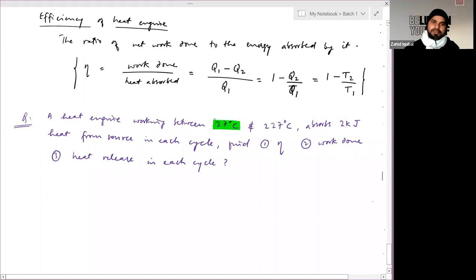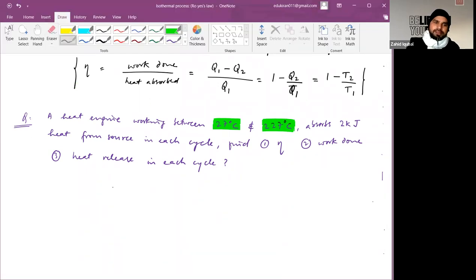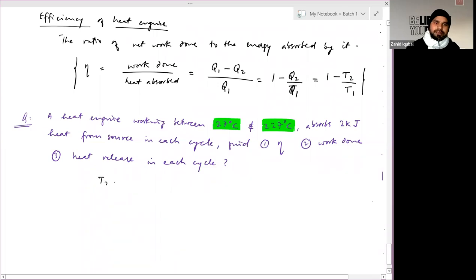We have two different temperatures, 27 degrees Celsius and 227 degrees Celsius. The smaller will behave as the temperature of the sink and the larger one will behave as the temperature of the source, that is T1. So you may write T2 equals 273 plus 27, that is 300 Kelvin, and T1 is 273 plus 227, that is 500 Kelvin.